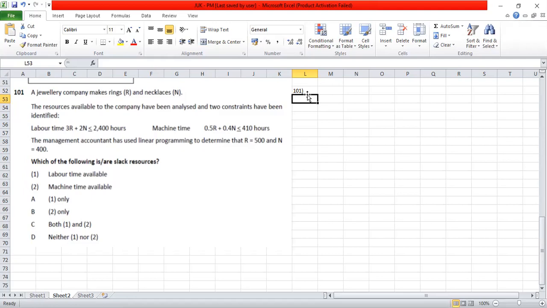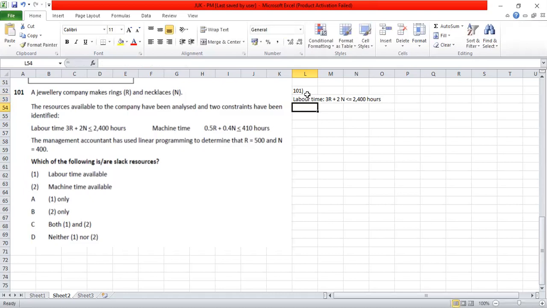Labor time is given as 3R plus 2N is less than or equal to 2,400 hours. So the first is labor time; let's just substitute what R and N are.